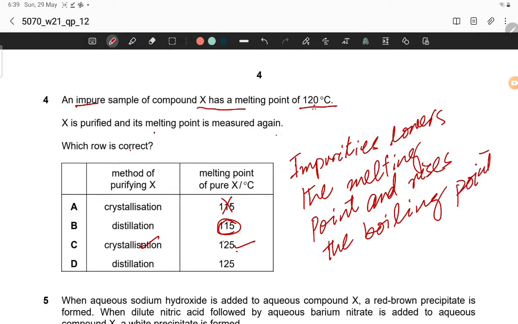So the impure sample has a lower melting point, so it could be 125, so this option is correct.